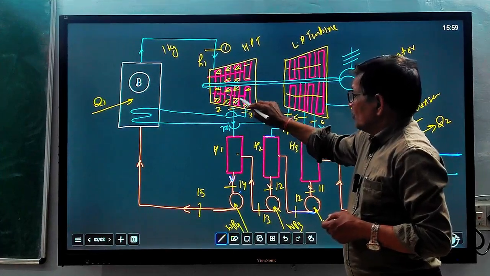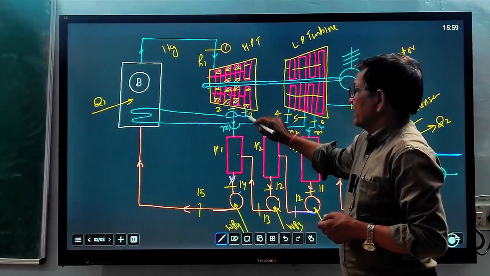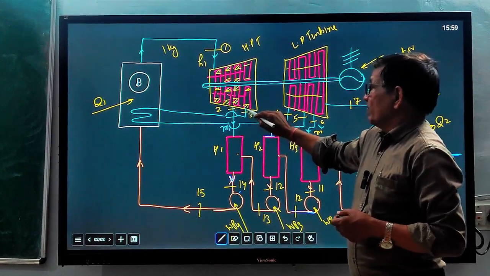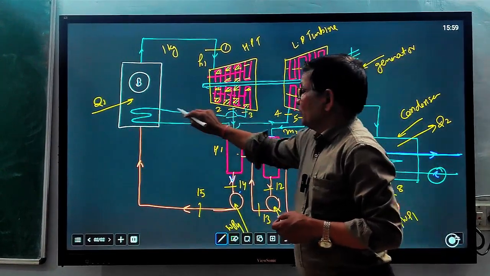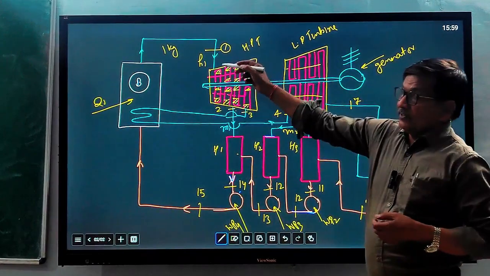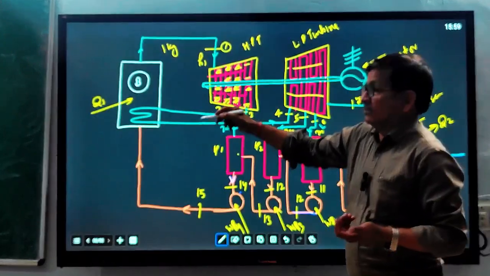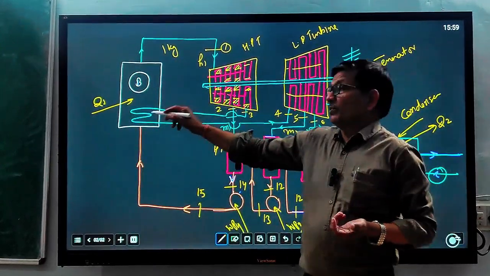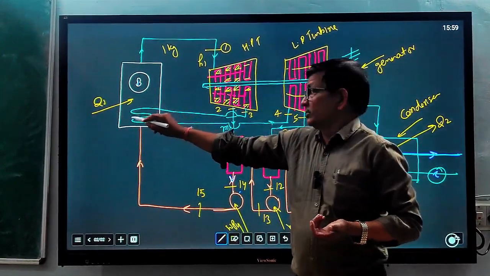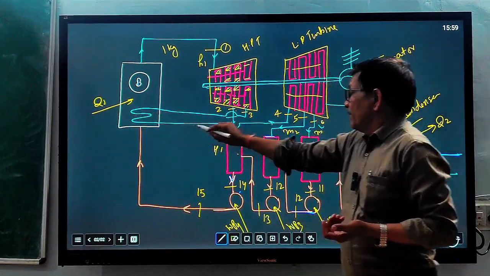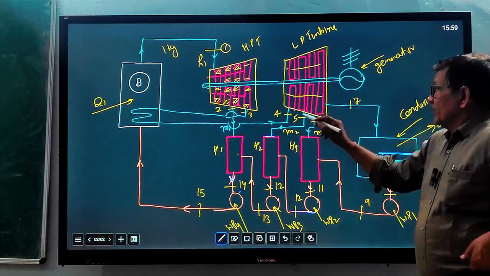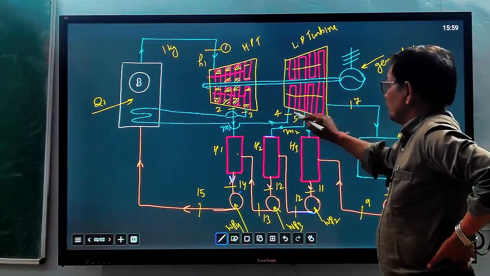At state 3, the total steam is taken back for reheating at pressure P3, and it is reheated up to a higher temperature, equal to or below the initial maximum temperature. It is reheated in the boiler by the exhaust gases in the boiler furnace, and then passed to the low pressure turbine, where it expands from state 4 to state 5.